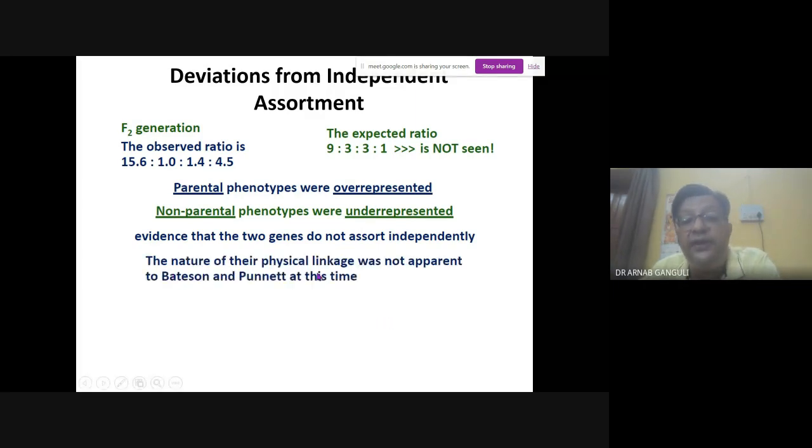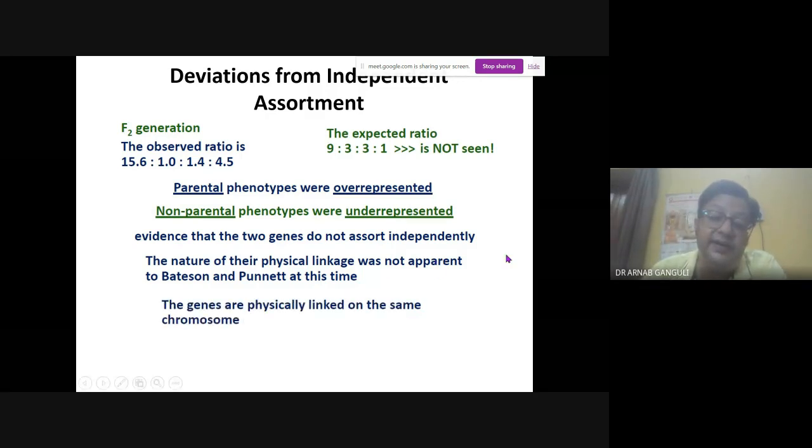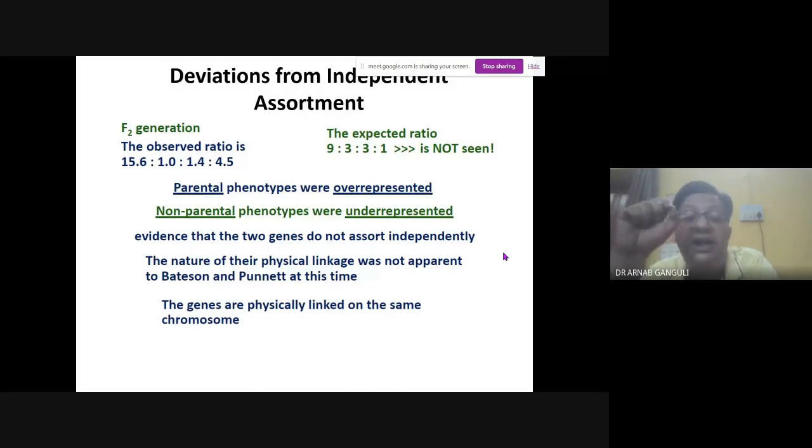The nature of their physical linkage was not apparent to Bateson and Punnett at that time. They did not understand why these were linked. This is because the two genes, flower pollen shape and flower color, were on the same chromosome.